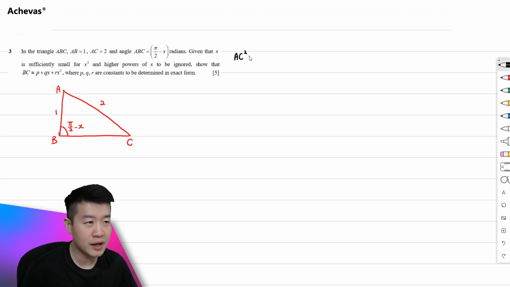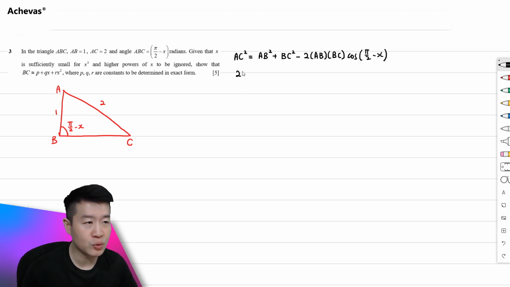So AC square, by cosine rule, is going to be AB square plus BC square minus 2 times AB times BC times cosine of this angle, pi over 2 minus x.